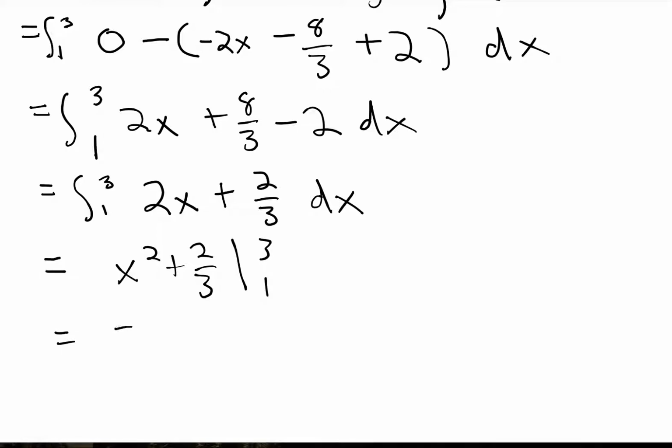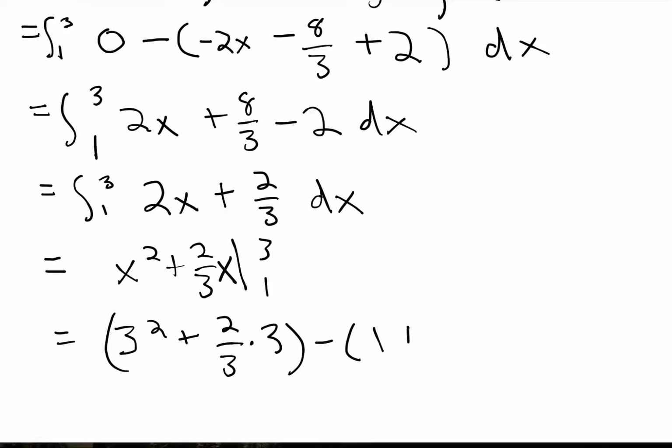Okay, top value goes in first. Oops, forgot to throw my x on here. Top value goes in first, so plus 2/3 times 3. And then I have to subtract what happens when I plug in my bottom bounds. So this will be basically 1 plus 2/3 here. If I would like to, I can clean some stuff up.